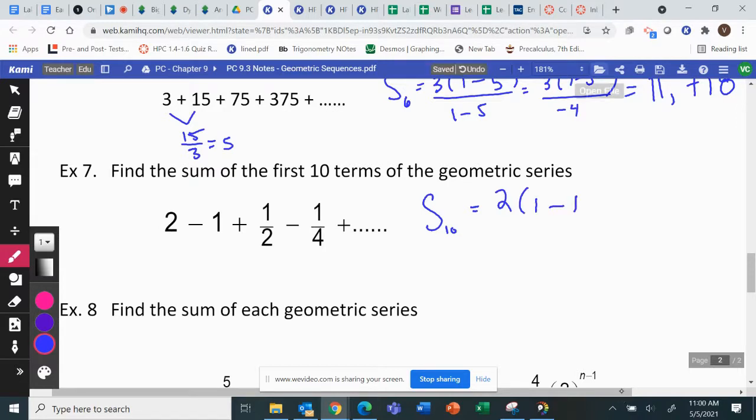So we do the second over the first, negative 1/2, which is our rate. And then we do 1 minus negative 1/2 on the bottom. So you don't even have to simplify anything. You can just type that into your calculator as is. You don't have to simplify anything on your own. I mean, it's great that you can.